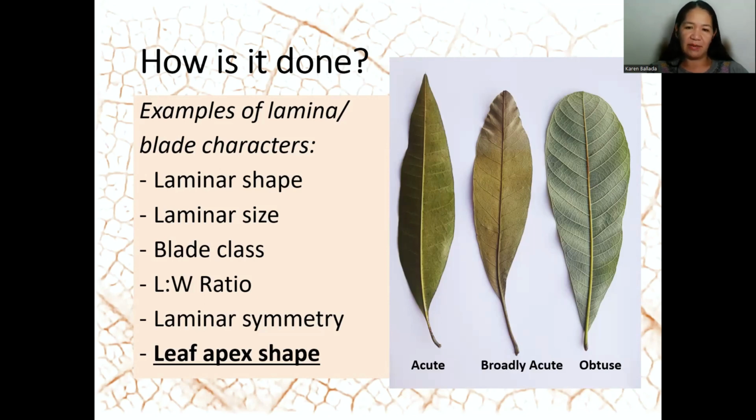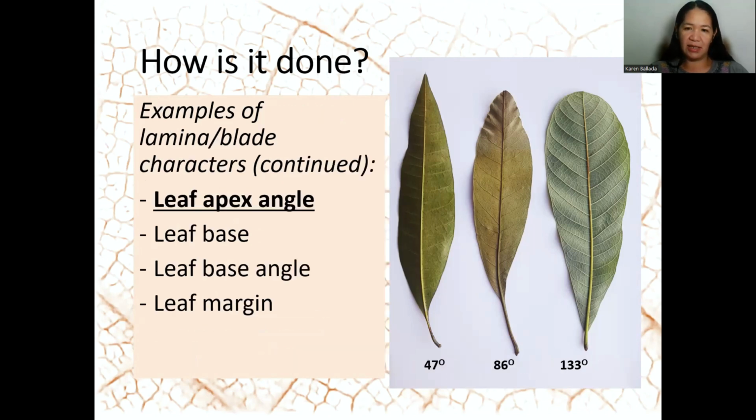So in my specimens again, they are described to be acute, broadly acute, and obtuse. So they are quite related to the leaf angle. Okay. Well, here in this next slide, the measurements of the leaf apex angles are given. So this actually corresponds to the leaf shape that was given earlier.